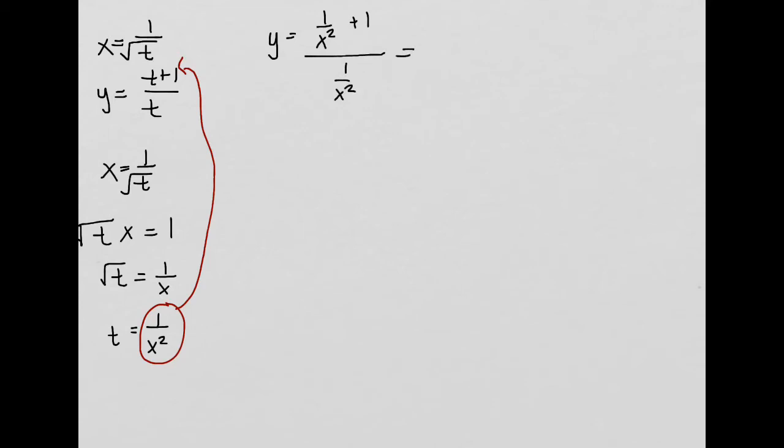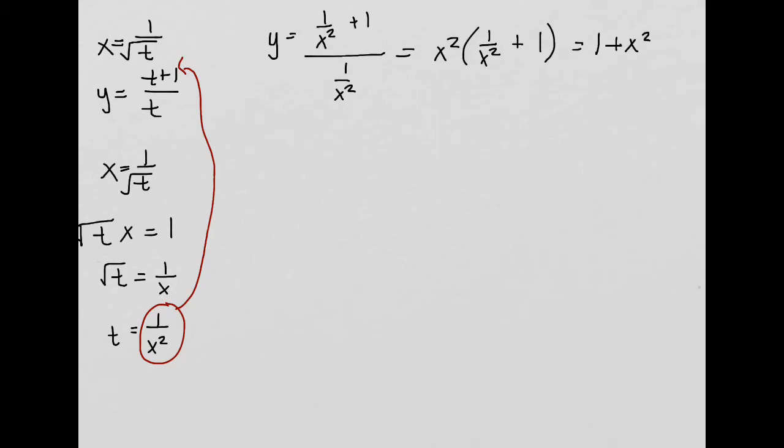Remember, I'm going to multiply by the reciprocal because I'm dividing by 1 over x squared. Then I'm going to distribute my x squared, so I'd end up with 1 plus x squared.